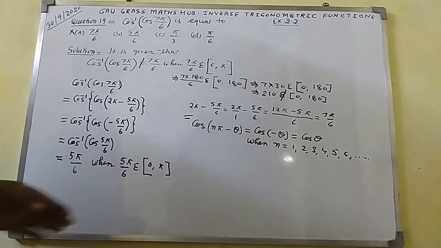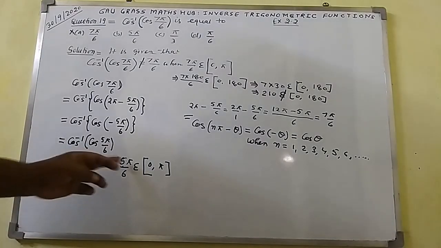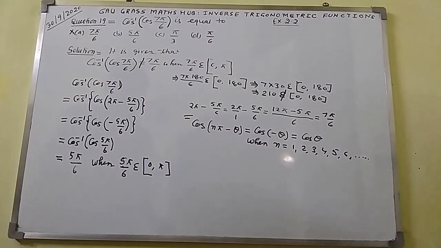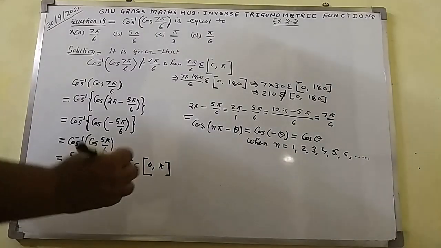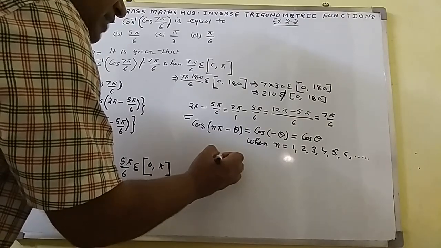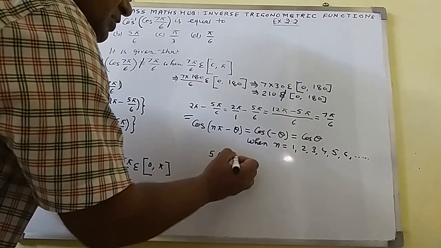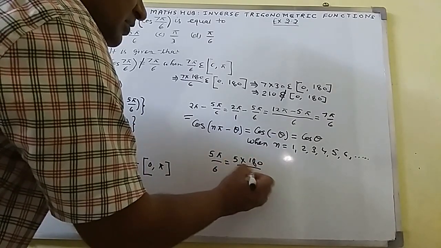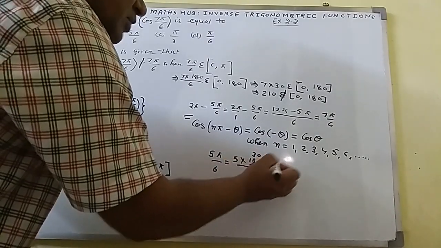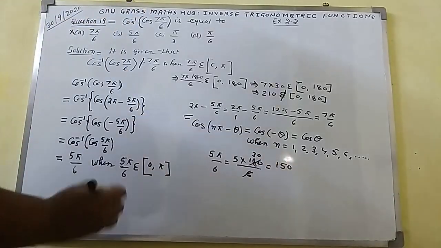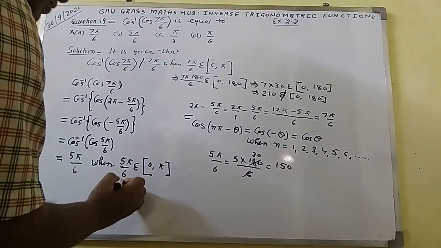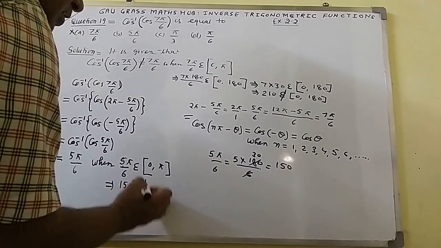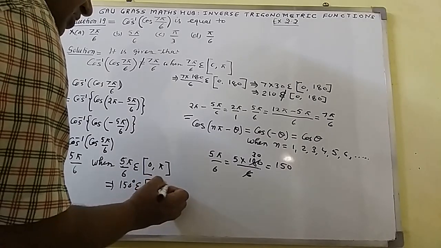You have to judge whether 5 pi by 6 belongs to the closed interval 0 to pi. Here 5 pi by 6 is 5 into 180 over 6, which is 30 degrees, equal to 150 degrees. 150 degrees belongs to 0 to 180 degrees.